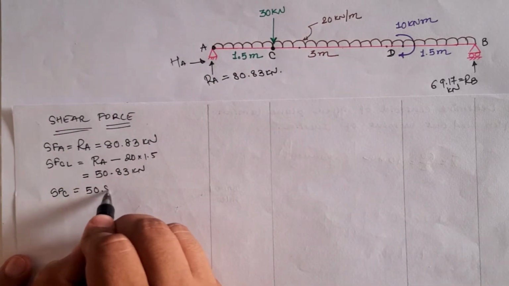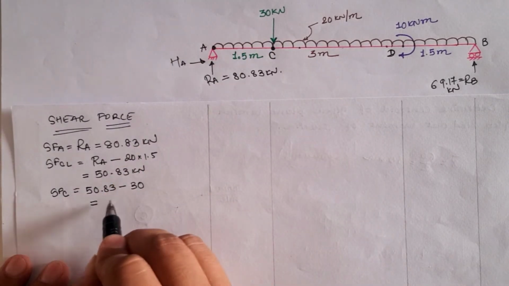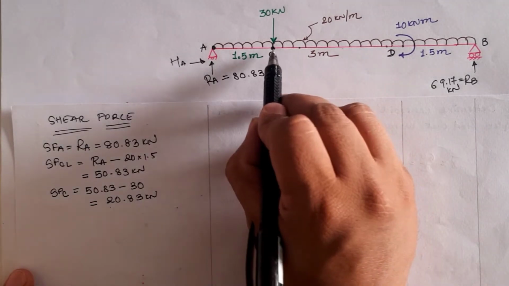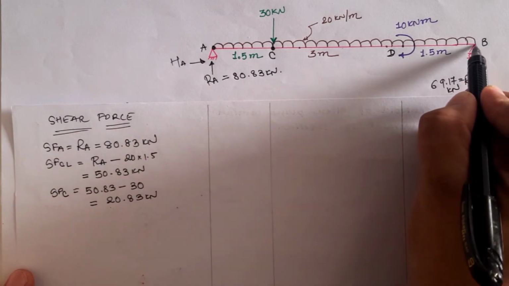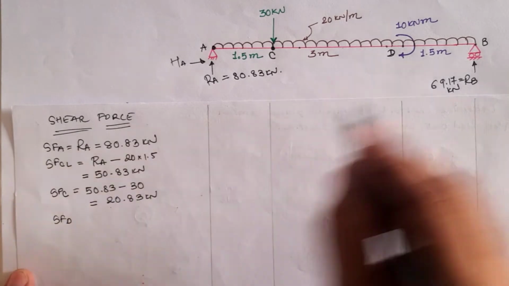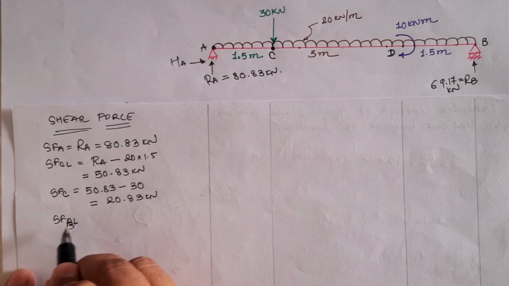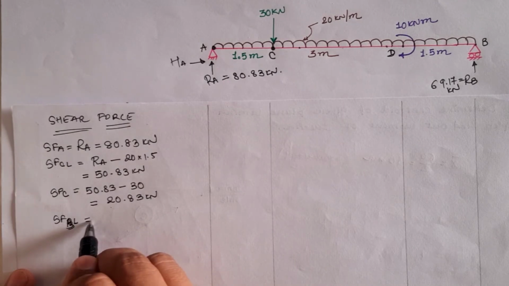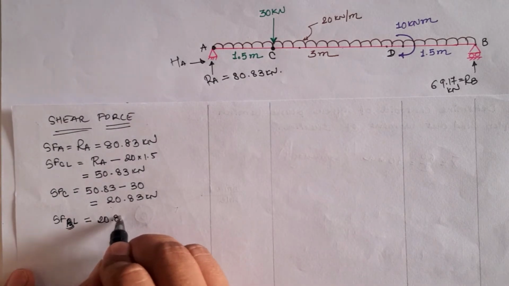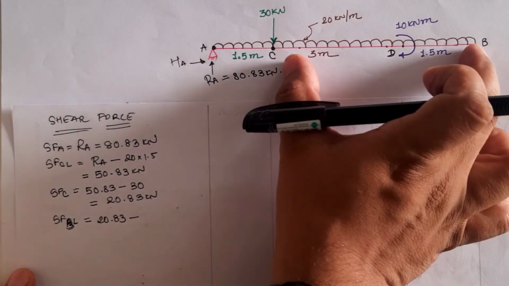Now exactly at point C, if we consider the 30 kilonewton downward load, then the value is 50.83 minus 30 kilonewton load, which is 20.83 kilonewton. Now from C to point B, ignoring the RB value, just before point B as SFBL, which is equal to 20.83 up to point C minus 20 kilonewton per meter UDL of span 4.5 meter.